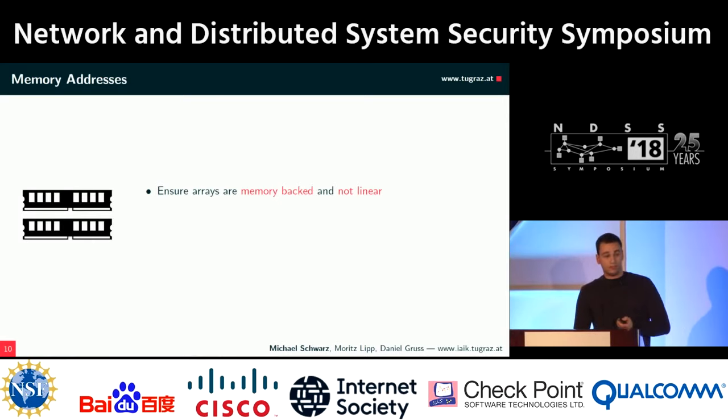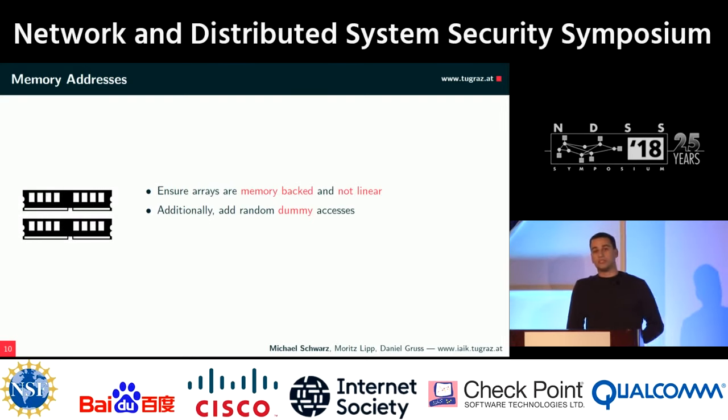So for memory addresses, we have to ensure that arrays cannot be used as a replacement for virtual addresses anymore. For our countermeasures, we present different approaches in the paper, but basically we want to make arrays non-linear in the backend and always memory-backed, and we add some random dummy accesses for array accesses.